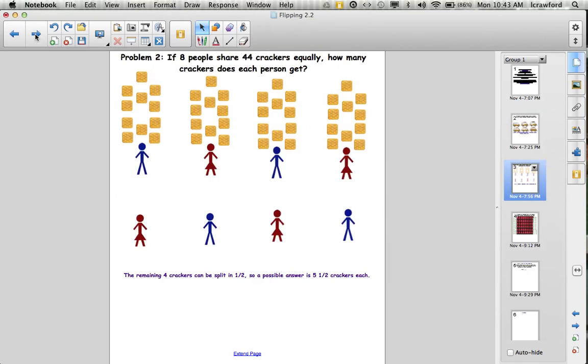In problem number 2, if 8 people share 44 crackers equally, how many crackers will each person get? Well, we have our 1, 2, 3, 4, 5, 6, 7, 8 people, and let's share crackers.